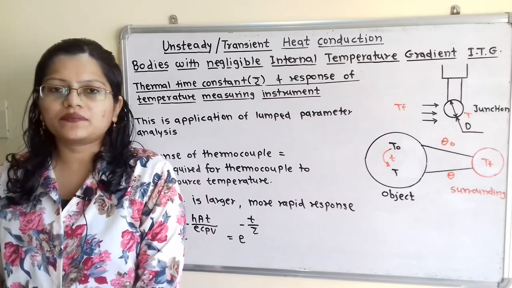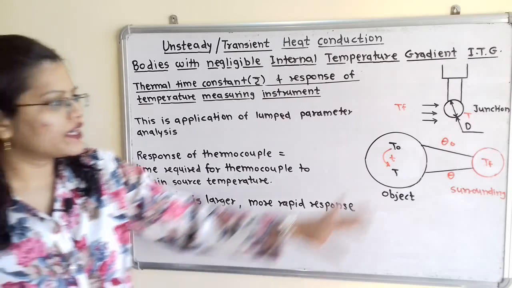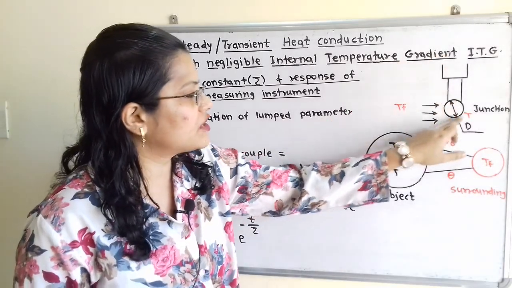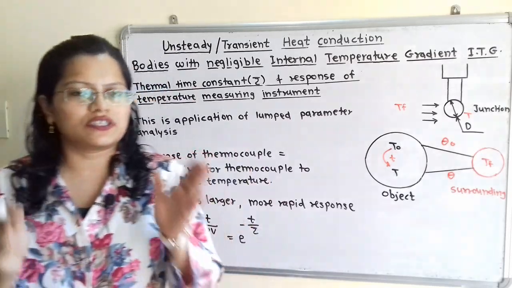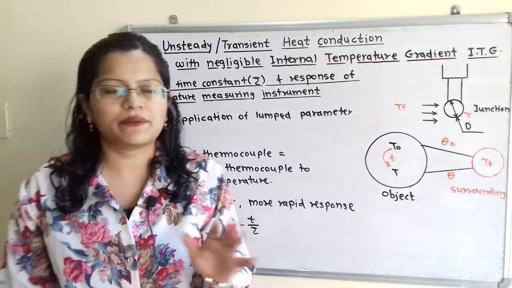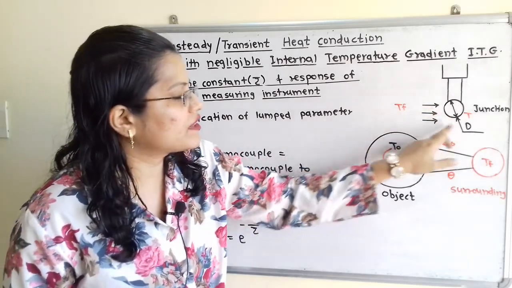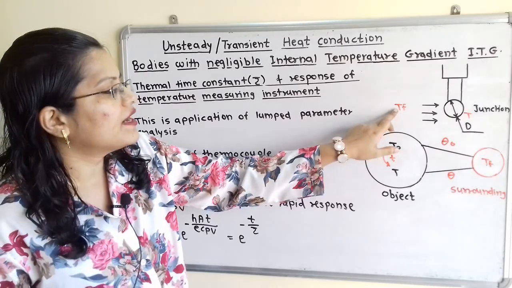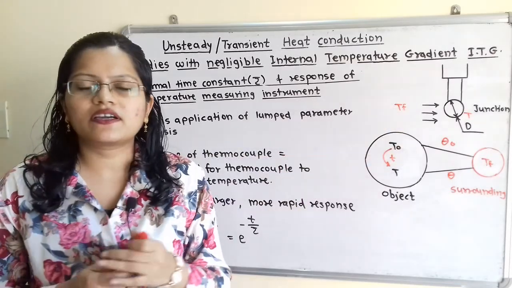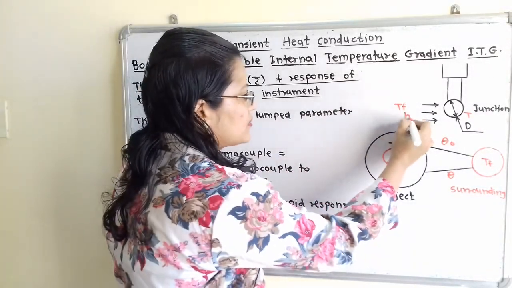Now the temperature measuring instrument we will use here is a thermocouple. So here is the diagram where this junction is having diameter d. This junction is of spherical shape and gas is passing over this junction of the thermocouple, and this gas is having temperature Tf and the convective heat transfer coefficient is known as h.